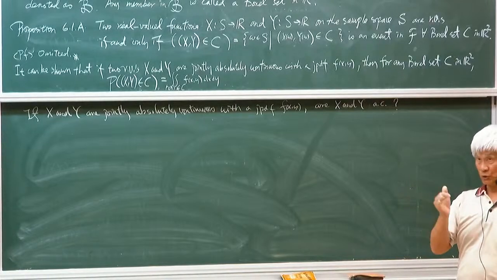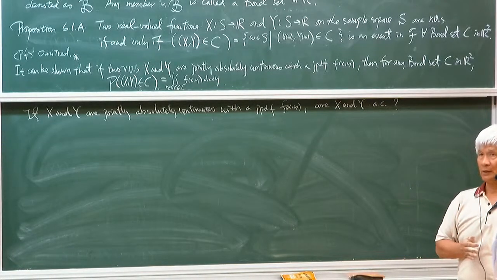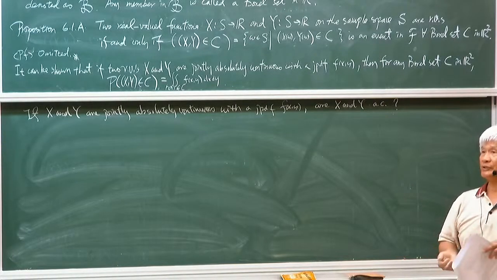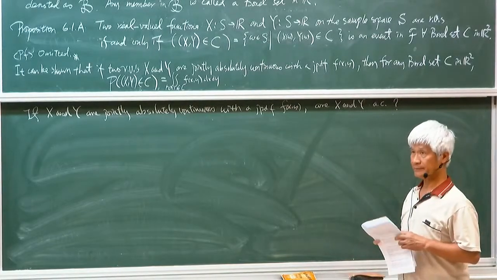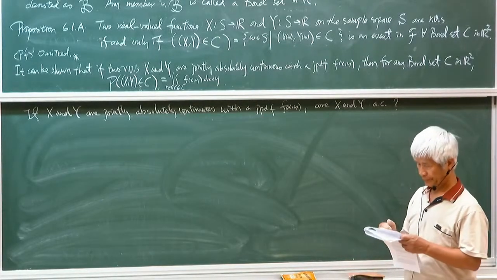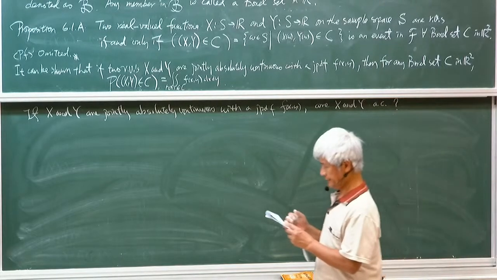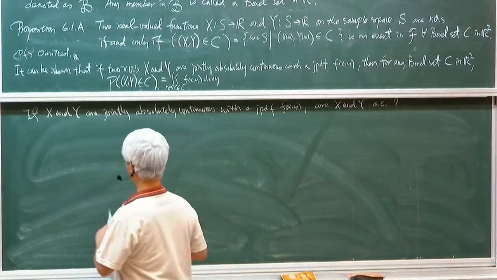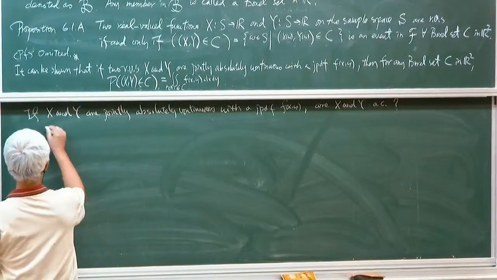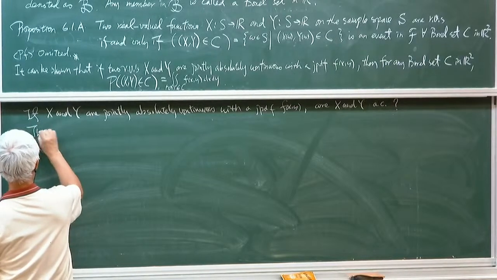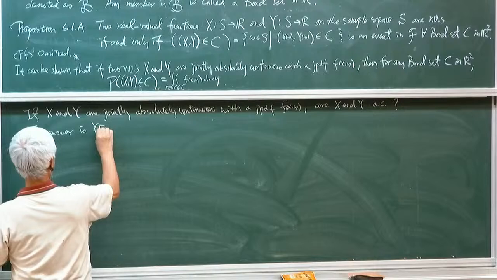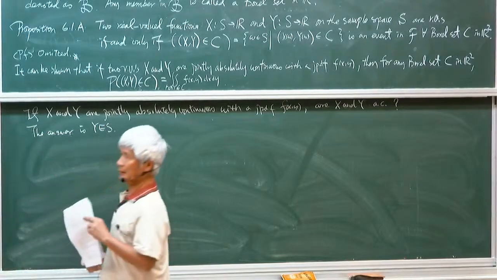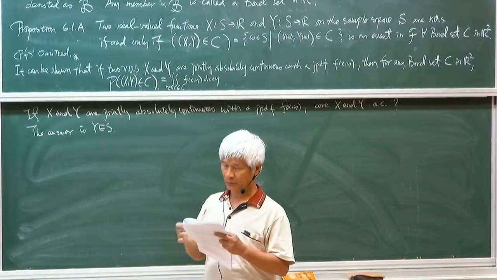When X and Y are jointly absolutely continuous, it's a natural question to ask: are X and Y each absolutely continuous? The answer is yes. Now we explain why the answer is yes.